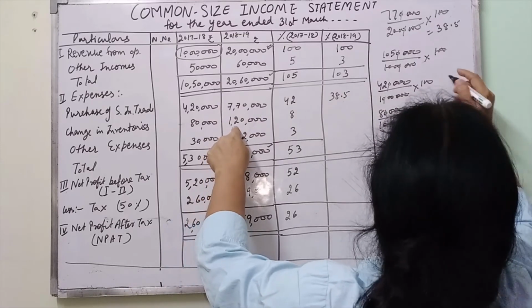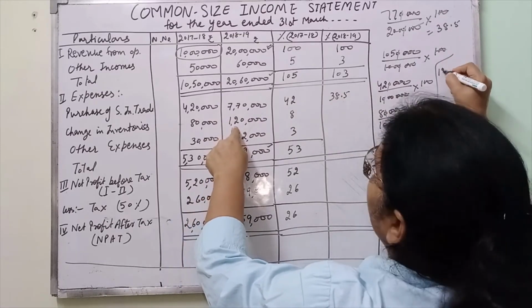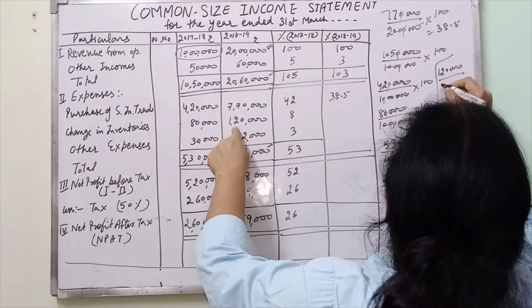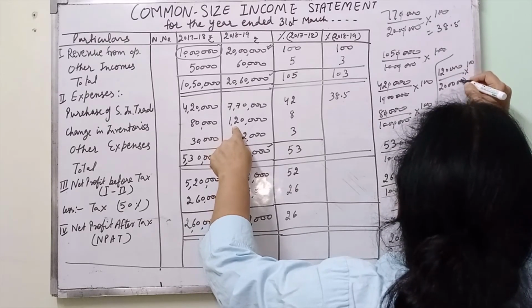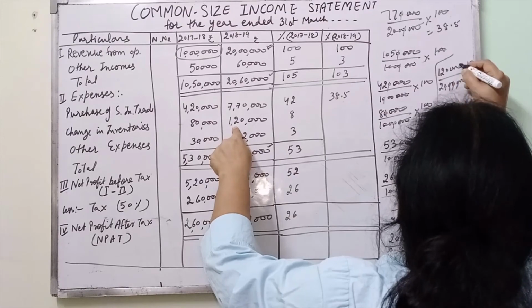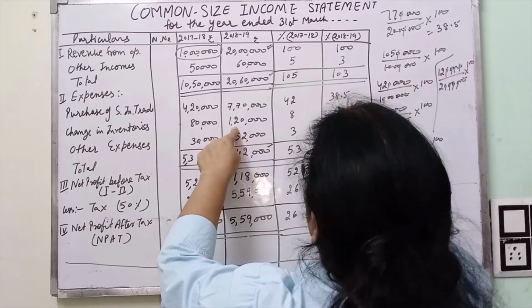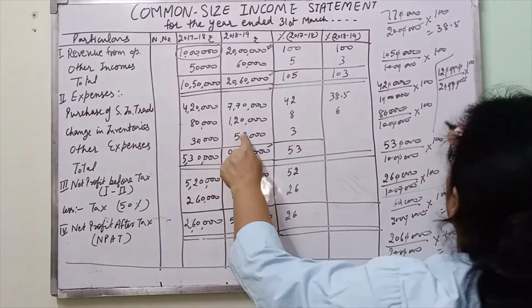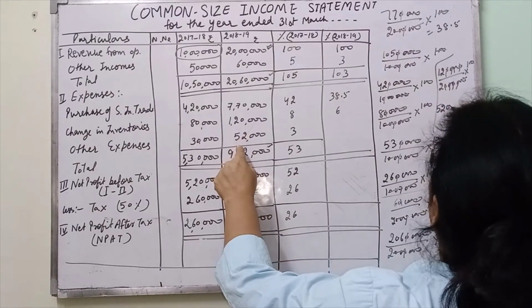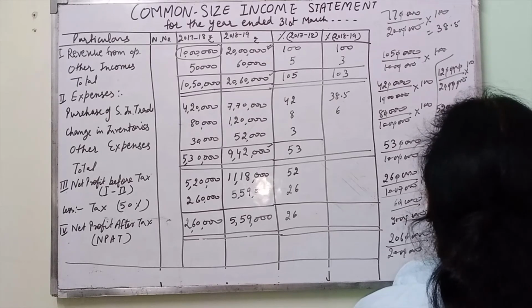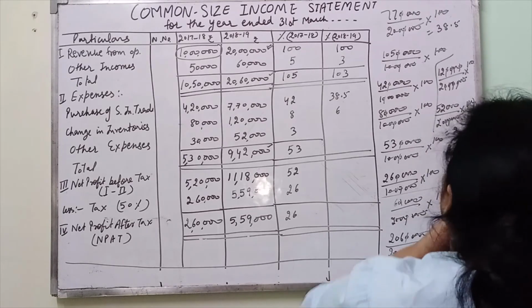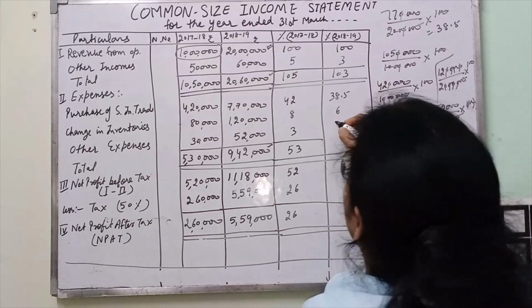In case of 1,20,000 divided by 20 lakh multiply by 100. It's 6%. 52,000 divided by 20 lakh multiply by 100. 2.6%.